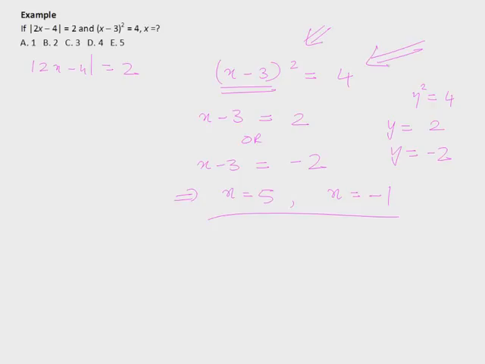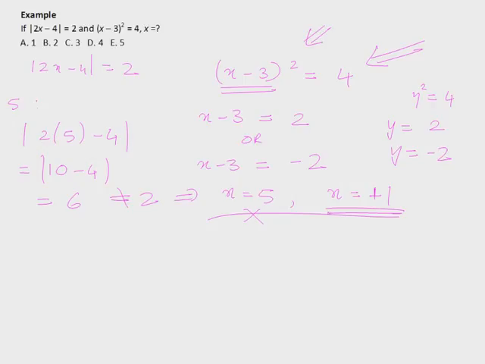Since these two solutions have to be tried in the absolute value equation, I'll just plug them in. So I'll plug in 5. I'll get 2 into 5 minus 4, which is 10 minus 4, which is equal to 6, not equal to 2. So 5 is not a solution. So I'll plug in minus 1. x minus 3 is equal to minus 2, x is equal to 1.